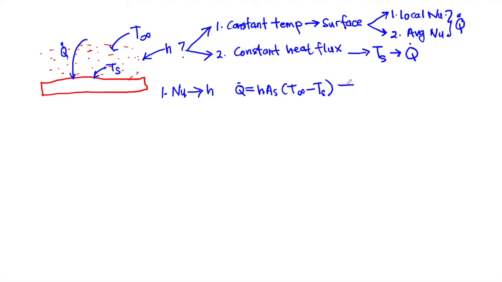This is the equation for convection, because this chapter falls on convection. So our objective is only to find this H by using this condition.